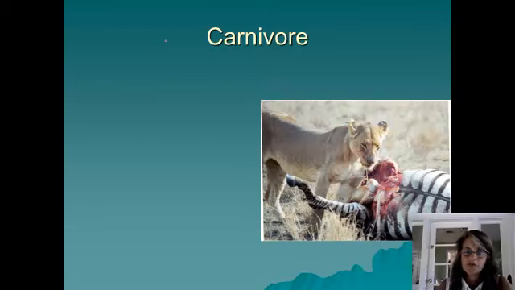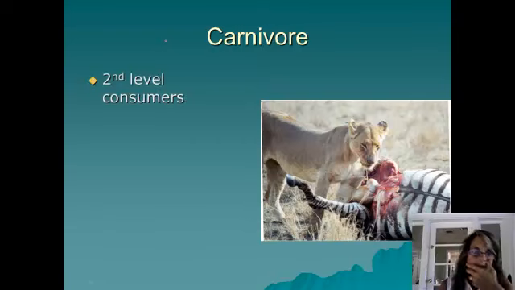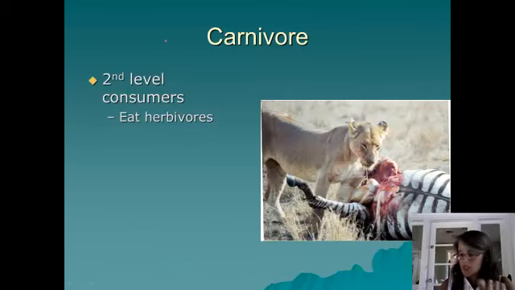Now, of course, you can also be a carnivore, perhaps. They are second level consumers, which eat herbivores. So if these are your producers down at the bottom, then your first level consumers are here. Your second level consumers are those that are feeding on the first level of consumers. So obviously you have a carnivore eating an herbivore in this picture.